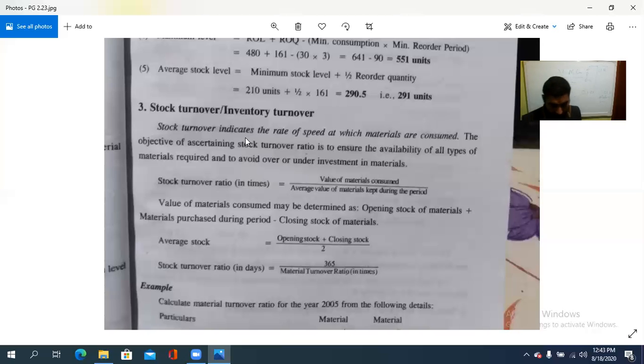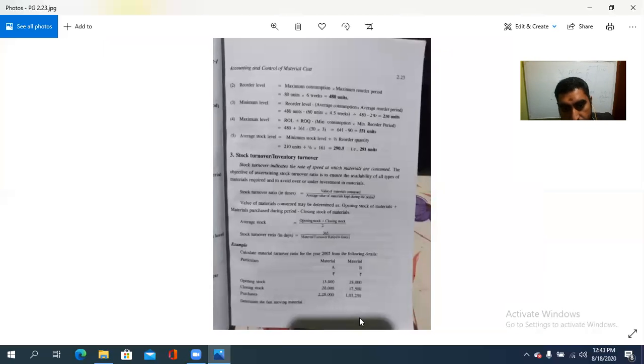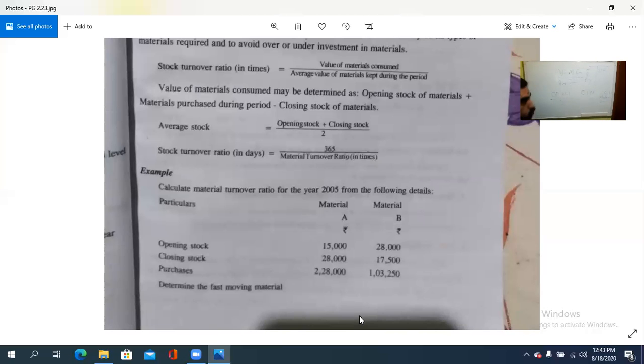So we will look into one problem with regard to this. What are the things given? We need to determine the fast moving material, and calculate the material turnover ratio for the year 2005 from the following details: opening stock, closing stock and purchases for A, B and C. For A, 15 and 28.